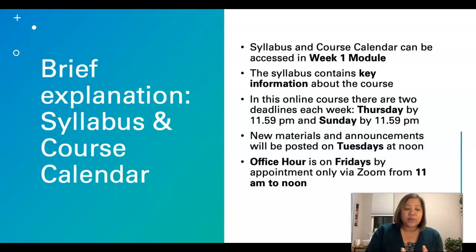For instance, I will open up discussion boards, and in 1 week, there may be 2 discussion boards, and one may be due on Thursday and the other one is due on Sunday. So having a clear course calendar and syllabus will help you to understand where to find information about the deadlines for that week, as well as by going to the module, you will see all the information that you need.